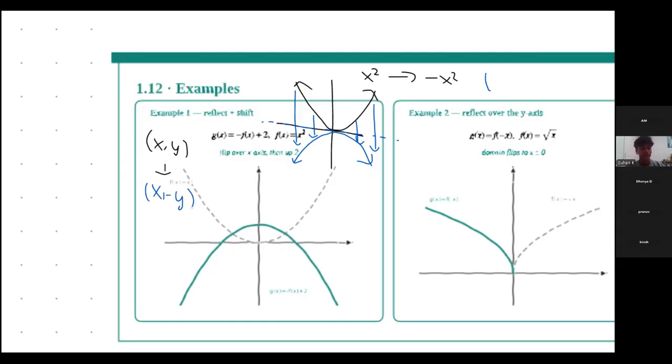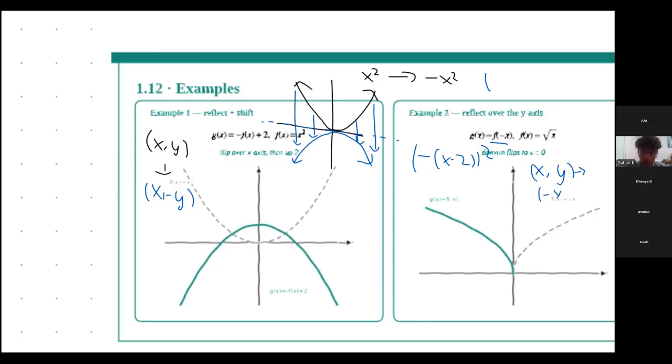Because it's basically just flipping over the x-axis. So y becomes negative y. And then here we have it inside the function. So this would be like negative x minus 2 squared, for example. Then we flip it over the y-axis, which means x comma y would go to negative x comma y.